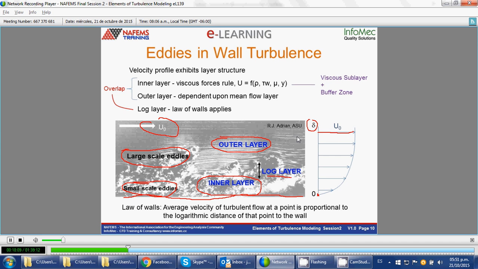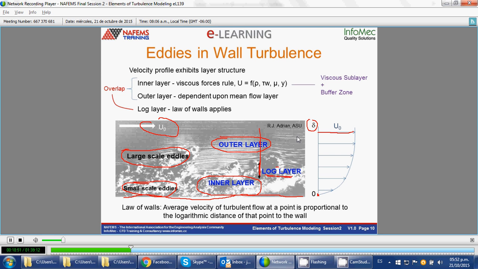One thing we consider is the law of the wall. The law of the wall says the average velocity of a turbulent flow at a point is proportional to the logarithm of the distance of that point from the wall. That's where the log layer comes into the picture. From this point on, the average velocity is proportional to the logarithmic distance away from the wall.